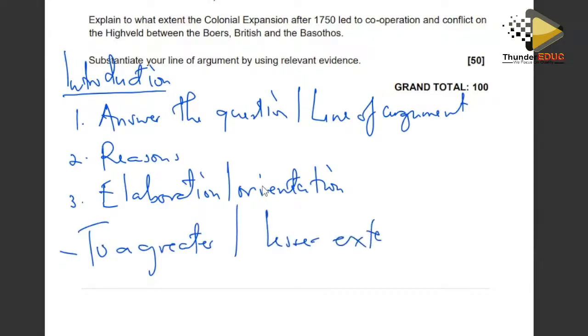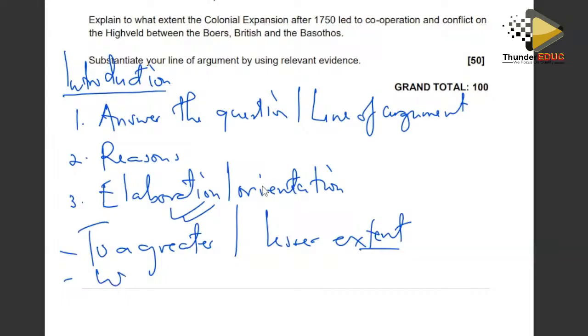That is your answer to the question. We must see the extent in the opening statement to show that you are answering the question. Then why are you saying it is to a greater extent that colonial expansion led to? What happened that makes you believe that it was colonial expansion that led to cooperation and conflict?